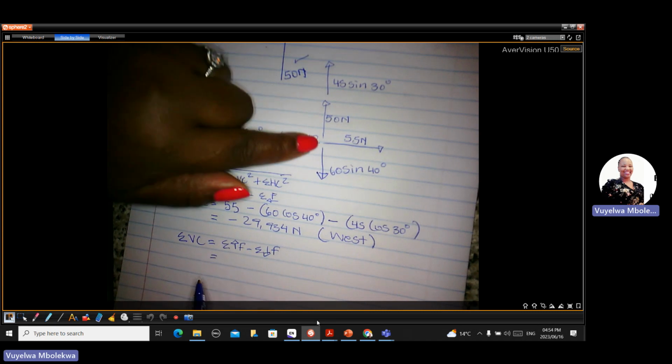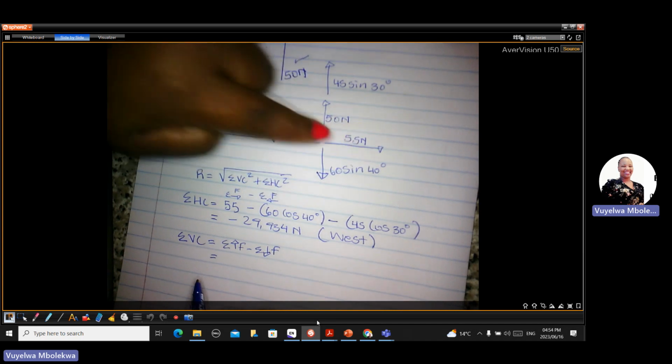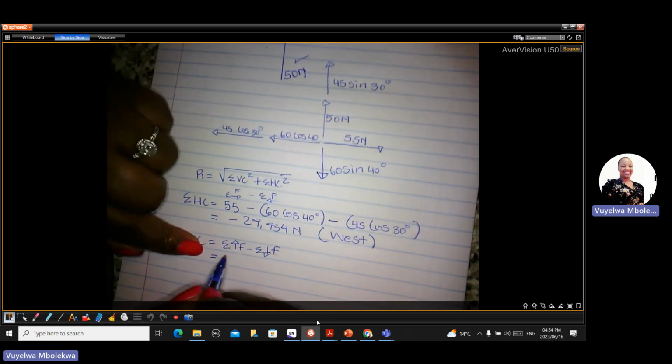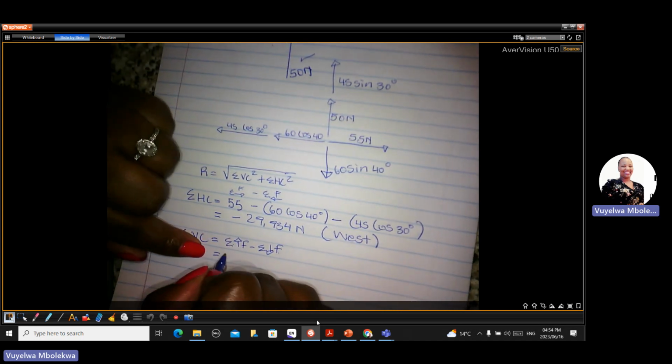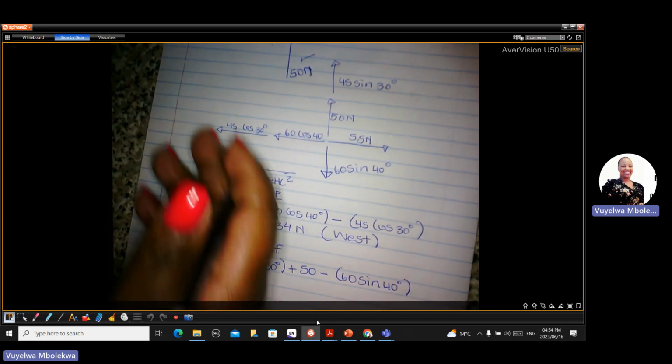As long as you know that if it's upward, you add; if it's downward, you subtract; if it's east, you add; if it's west, you subtract. You don't have to write this part of the formula. So upward, we have 45 sine 30 plus 50. Downward, we have 60 sine 40, so we subtract it because it's downwards.